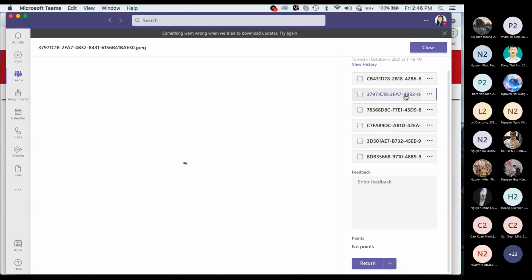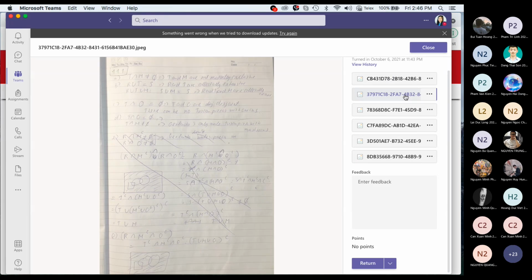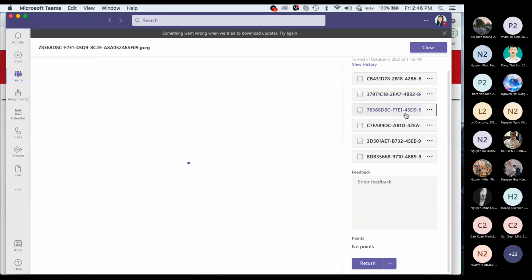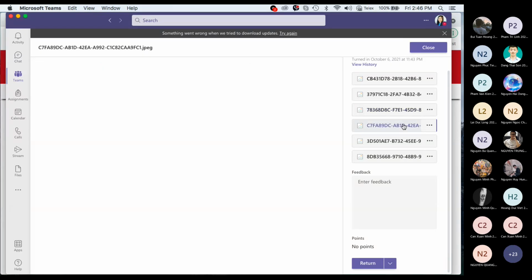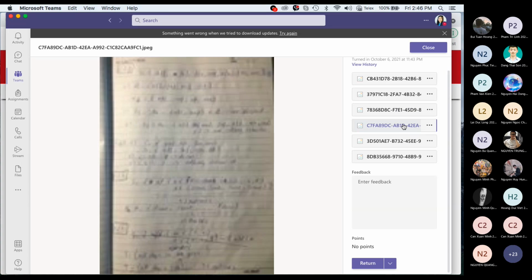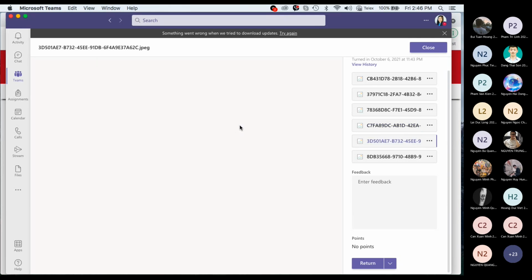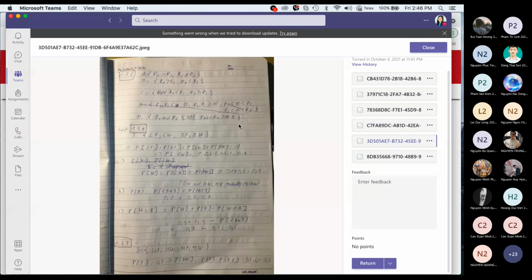Here, exercise 1.2.6. A equals R1 equals R2.